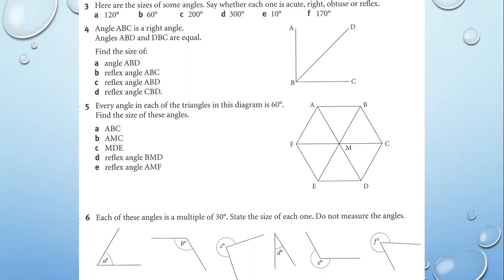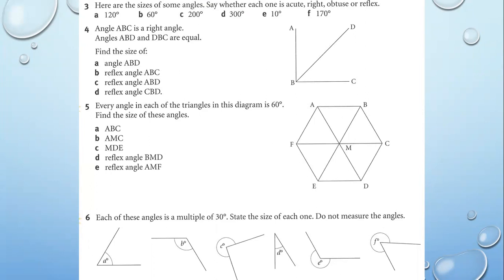If it is more than 180 but less than 360, it is called a reflex angle. Remember this. The first one, A, is 120, obviously obtuse. 60 is acute, 200 is reflex, 300 is reflex, 10 is also acute, and 170 is also obtuse.